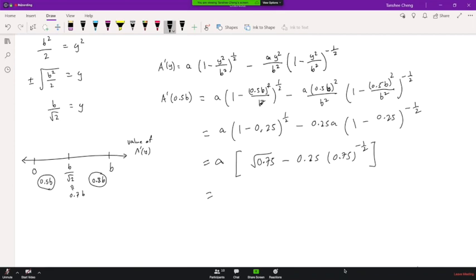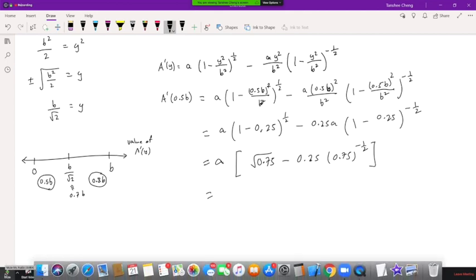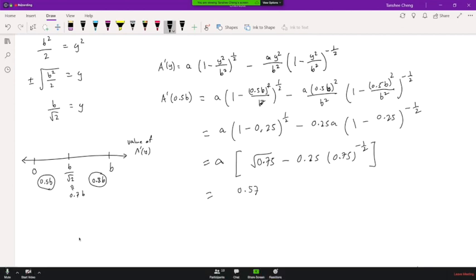Syntax error? What did I do? I got 0.57. I also got 0.577. So the key thing is we got a positive number, right? A positive number, agree?